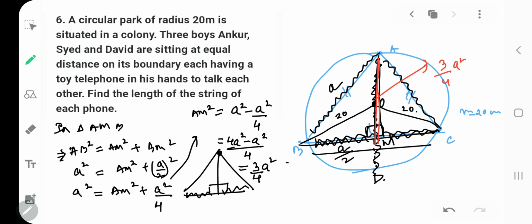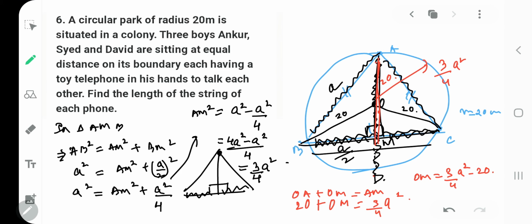Got my point clear? Okay. Now you have been given OA as 20 because it's a radius of the same circle. We have radius 20. So we have OA as 20.